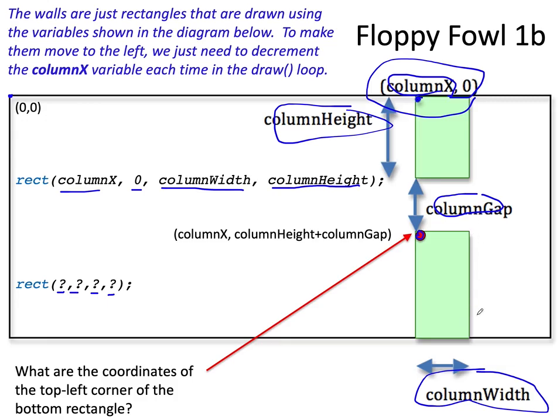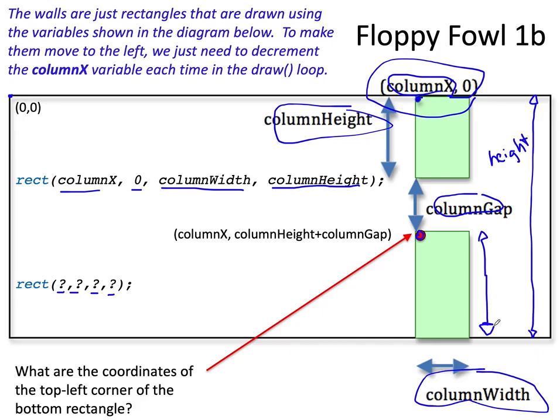You're going to have to do some subtraction. I'll give you one hint on this one. Remember that the total height of the screen is defined automatically in the height variable. And so you can simply use this and perhaps subtract some numbers to figure out how tall this bottom column is going to be.